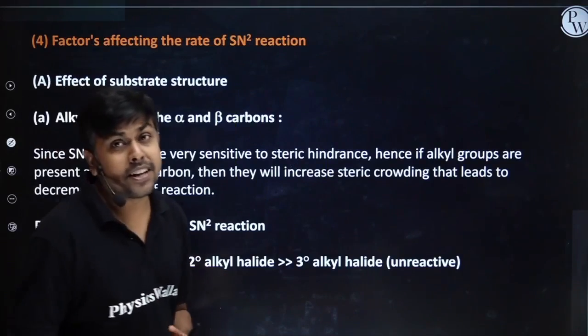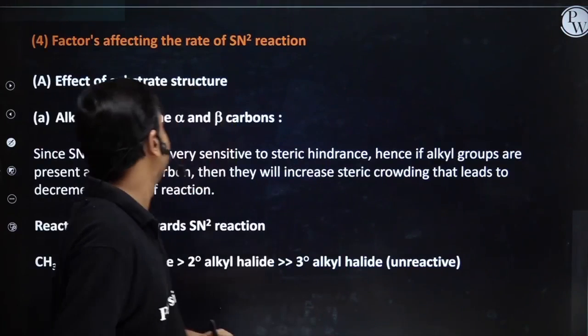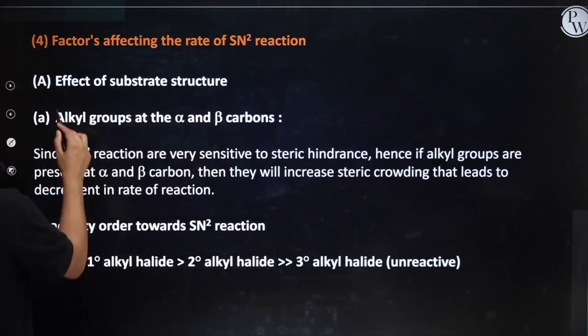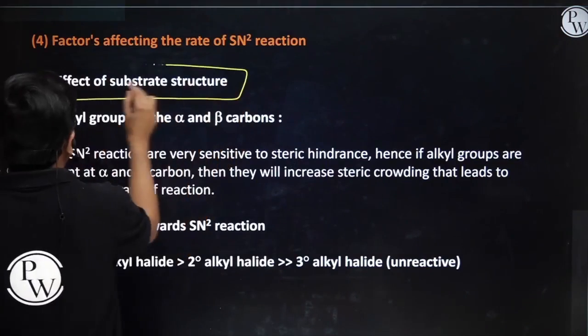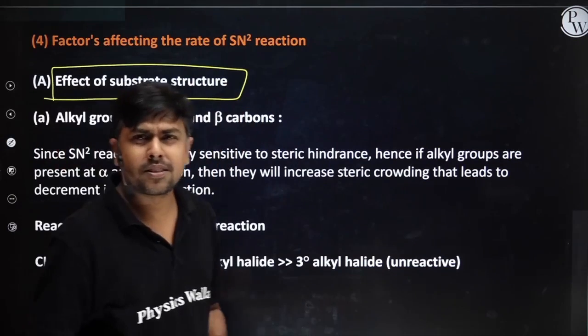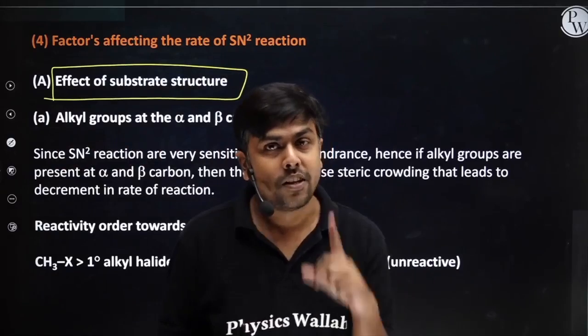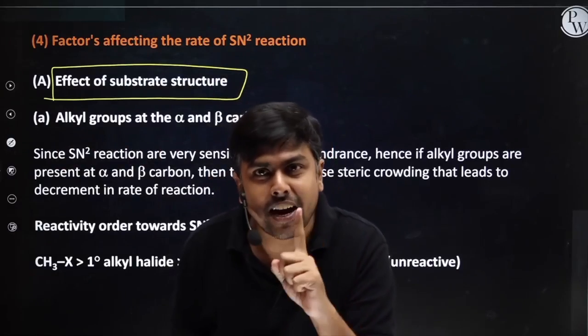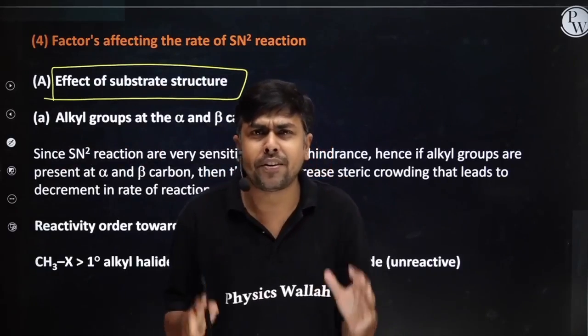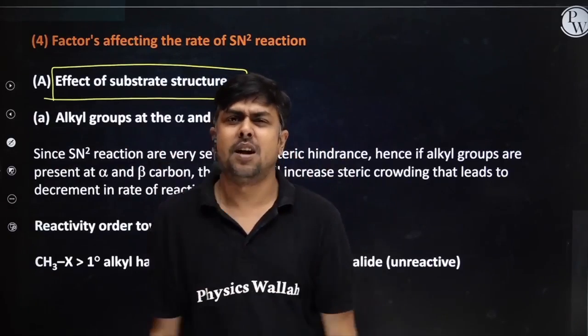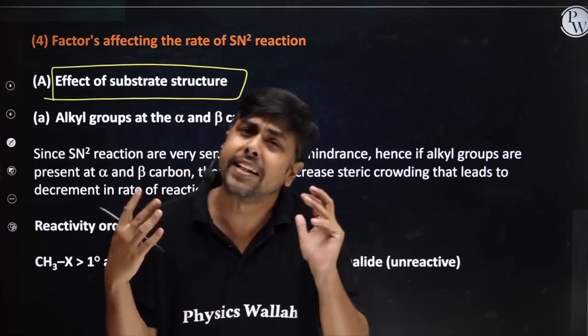Factors affecting the rate of SN2 reaction. Students, the effect of the substrate we have already discussed. The nucleophile's role is involved in the first step, right? And the nucleophile prefers to attack the less hindered carbon, the less hindered electrophilic center.